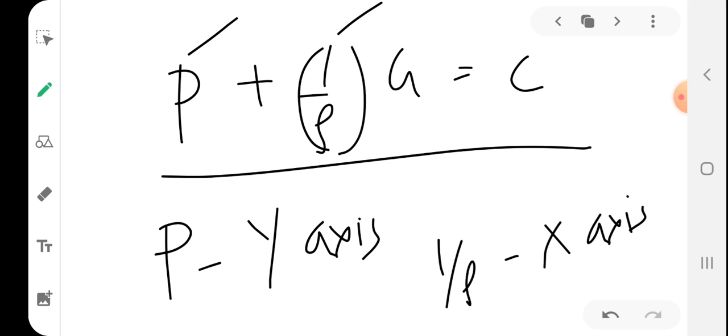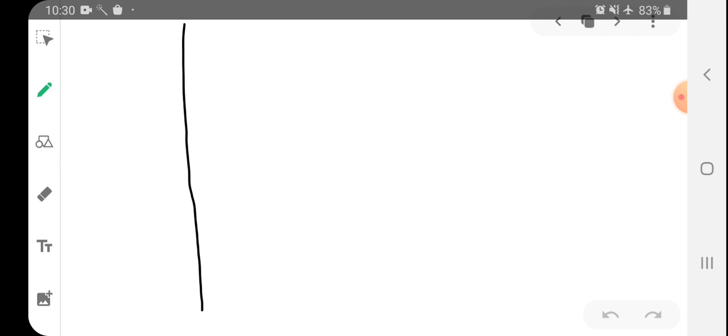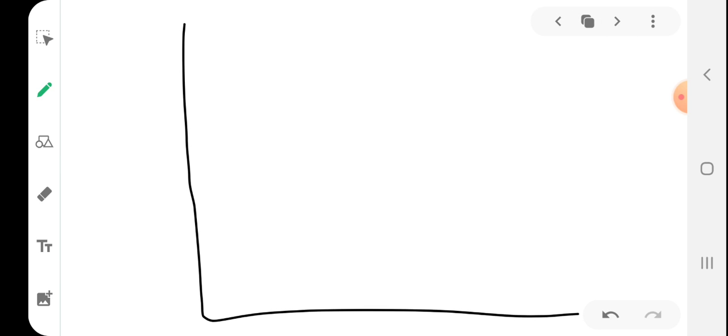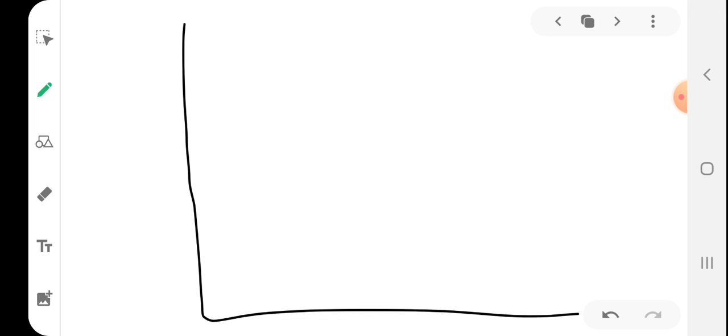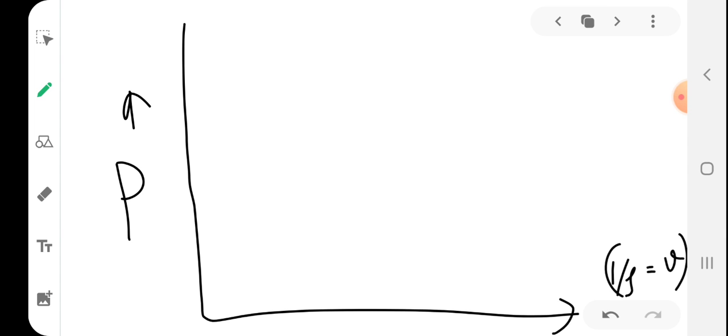Okay. So this can be represented in a thermodynamic coordinate system like this PV chart. Here V means 1 by rho, which is specific volume, small v, right? So if I take P here and 1 by rho equal to V on the y-axis, you can plot this graph.